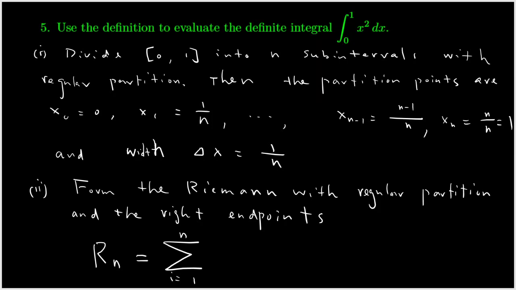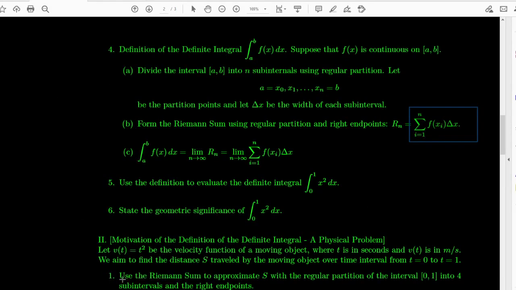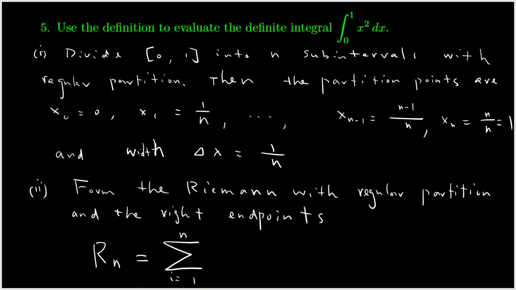If you look at the handout, it's actually here, so you just copy this. The value of the function at xi, and then times delta of x, right? For the particular function, it's the sum of n terms with the index running from 1 to n. The function is x squared, so the value of the function at xi, in this particular case xi is i over n, right?